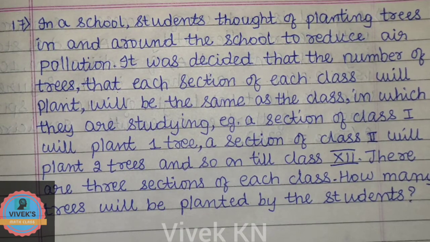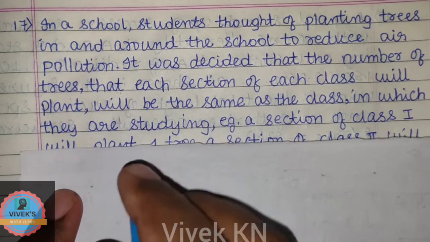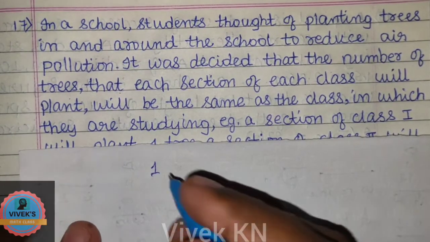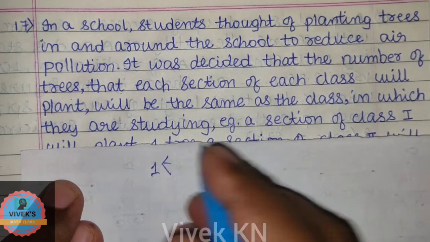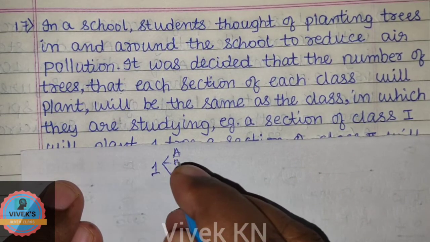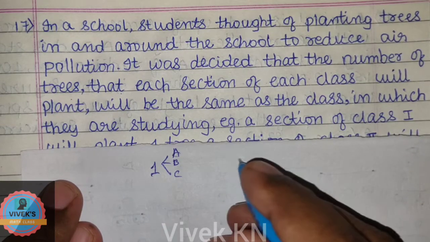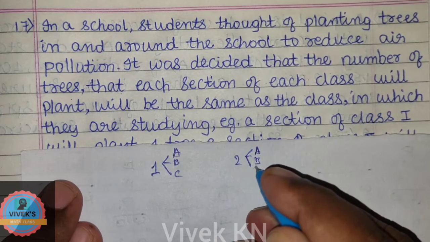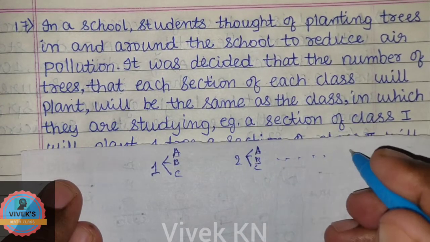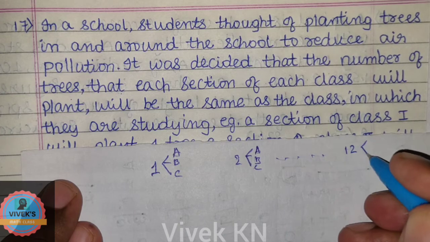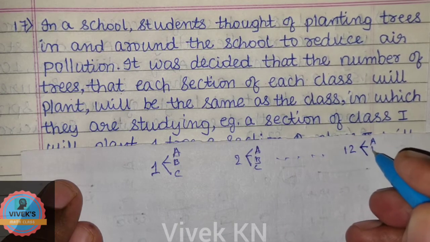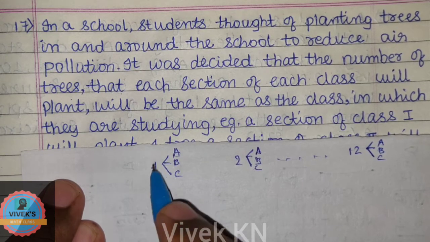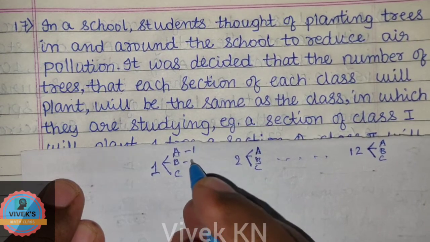Let us discuss in detail. Here, grade 1 has 3 sections, A, B, C. Grade 2 also has 3 sections, A, B, C. Up to grade 12, this grade also has 3 sections, A, B, C. Each section of class 1 will plant 1 tree.